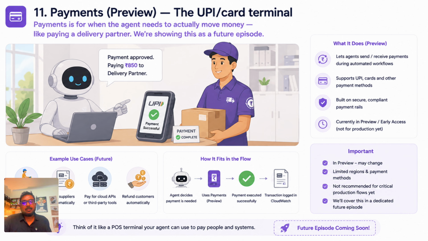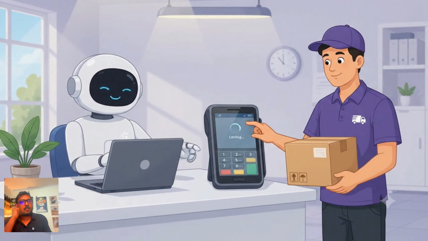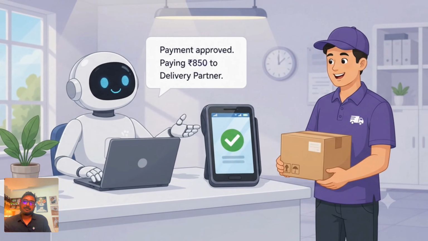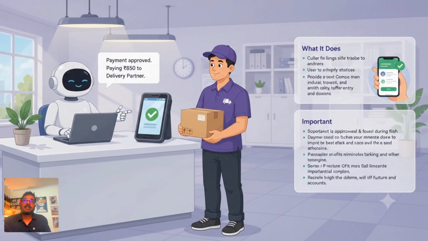They may be able to send and receive money during the automated workflow, support UPI, cards, and other payment methods, and build secure, compliant payment rails. It means helping agents process payments, transfer payments, get payments, raise POs, and do lots of payment stuff. But it is still in preview inside AWS Bedrock Runtime. But I think this is what they want to do with it.